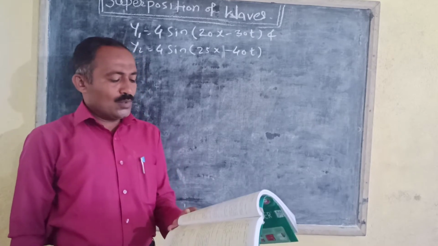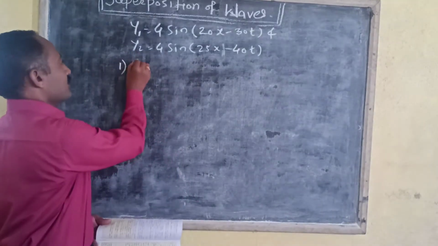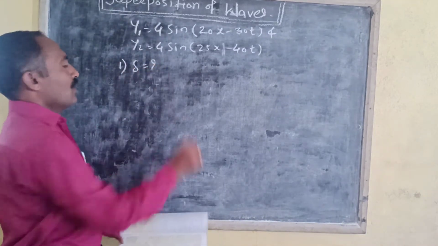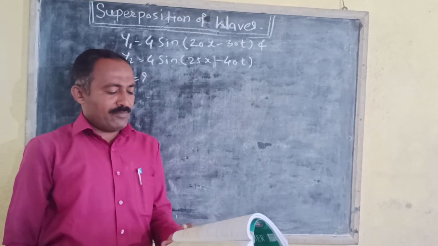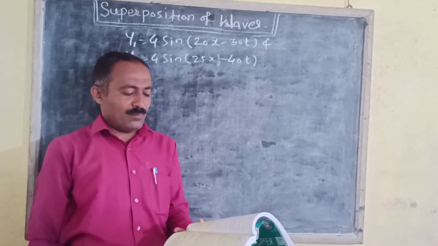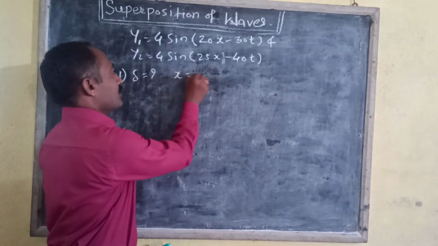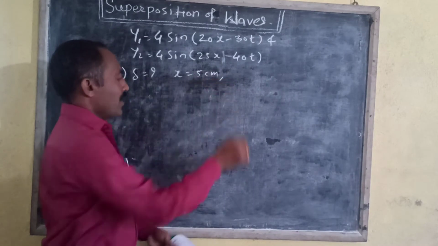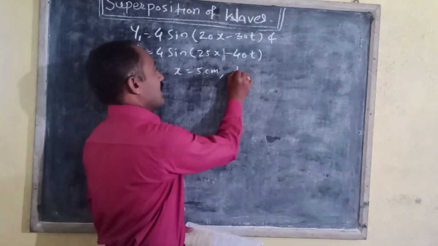Now we have to calculate, number 1, the phase difference between these two waves at a point. The given point is x equal to 5 centimeters and time t equal to 2 seconds.